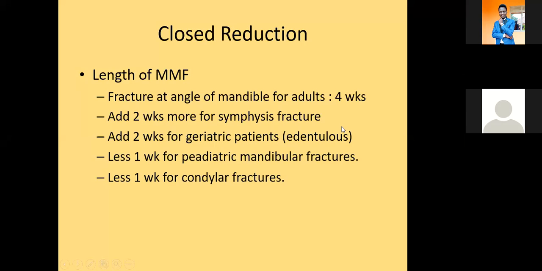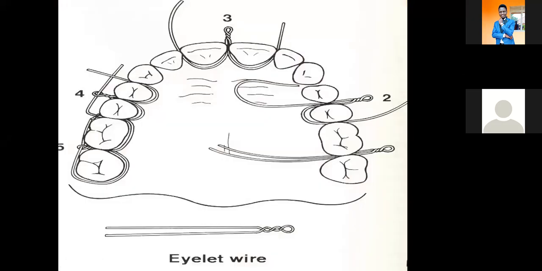Okay, so here are the techniques we use for the intermaxillary fixation. These are what we call eyelet wires. The eye is this thing here. So it means you pull the double ends of these wires through the interdental space, and one piece you pull that way, it will pass that way, just like this one.